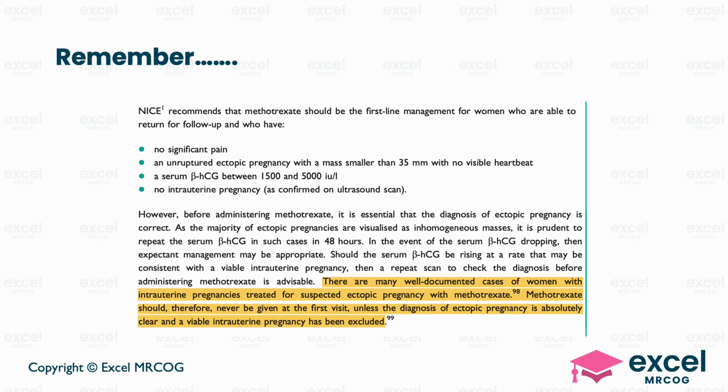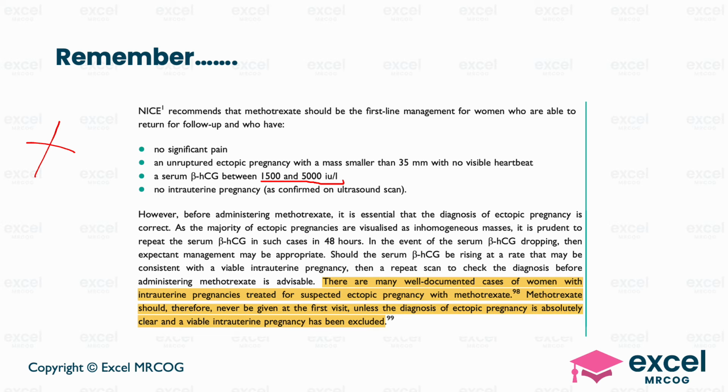That is suspected. All right, so when it is suspected, even if the beta HCG falls in the range where you can give methotrexate, never give it at the first shot, that is, never give it at 0 hours, unless it is confirmed to be ectopic pregnancy. All right.